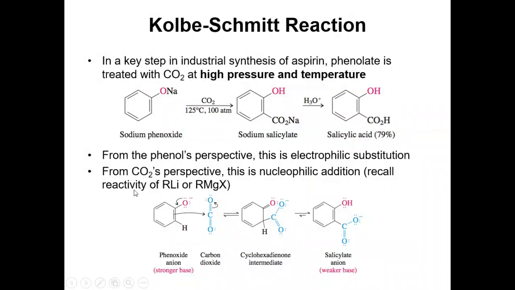If I ask you, is phenoxide more nucleophilic or less nucleophilic than phenol, these two? Phenoxide is the conjugate base of phenol. So which one is a better nucleophile?